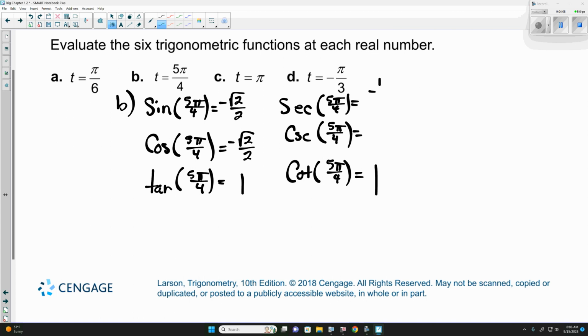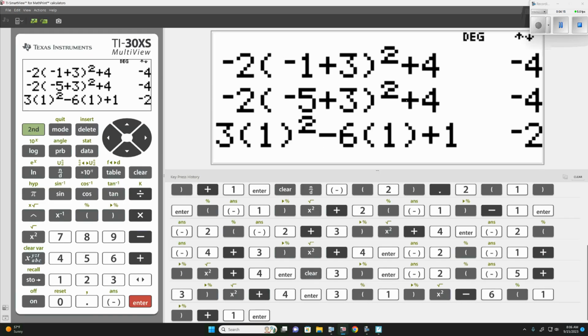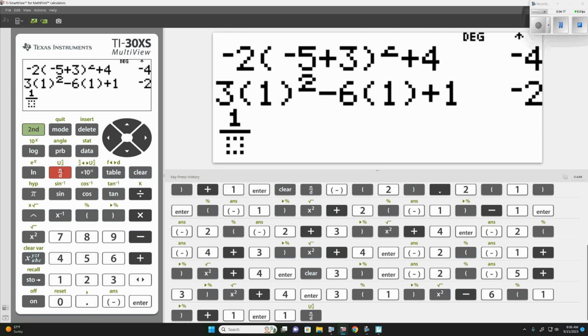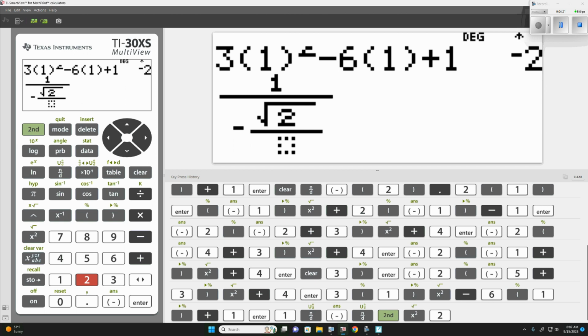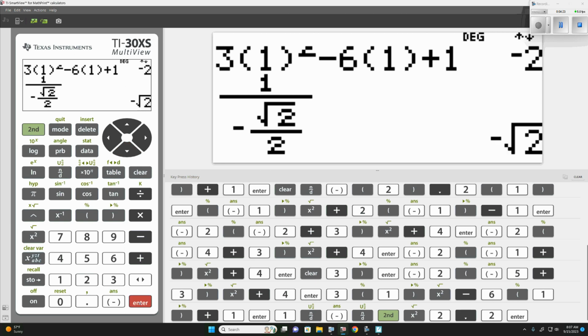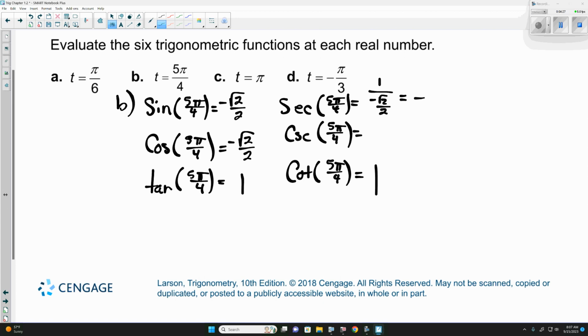So we'd have 1 over negative square root 2 over 2. Well, that comes out to negative 2 over square root of 2, which is negative square root of 2.